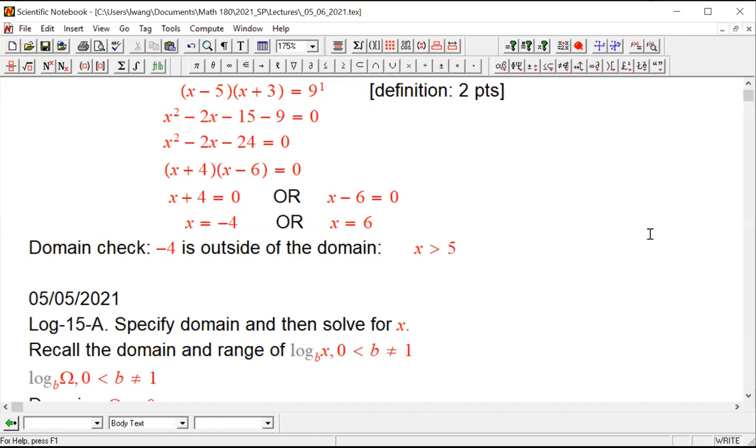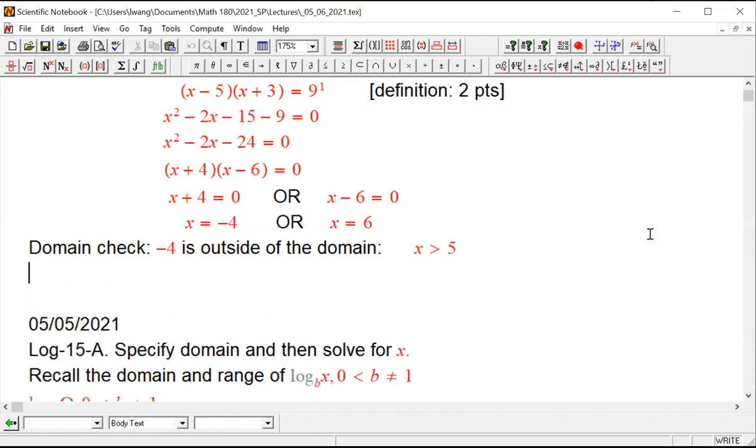So obviously x equals 6 is inside the domain. So we have x equals to 6.